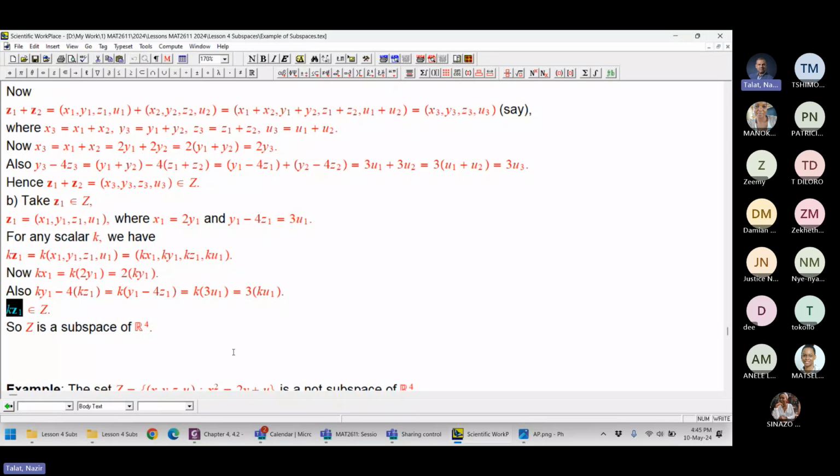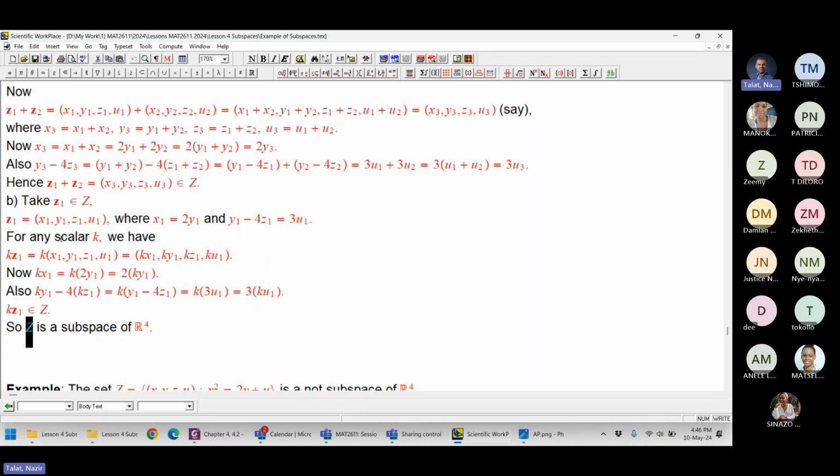Again, I am telling you that we know R4 is a vector space, and if its subset satisfies only two conditions, then automatically this set also becomes a vector space. We do not need to check all 10 conditions; these two conditions are sufficient to show whether the set Z is itself a vector space.